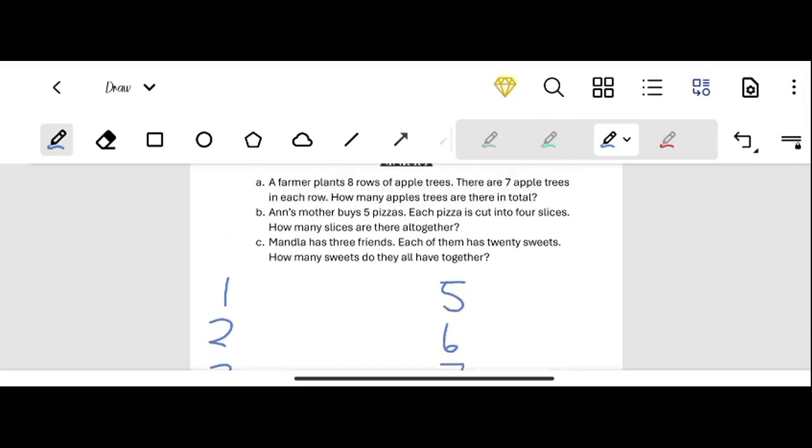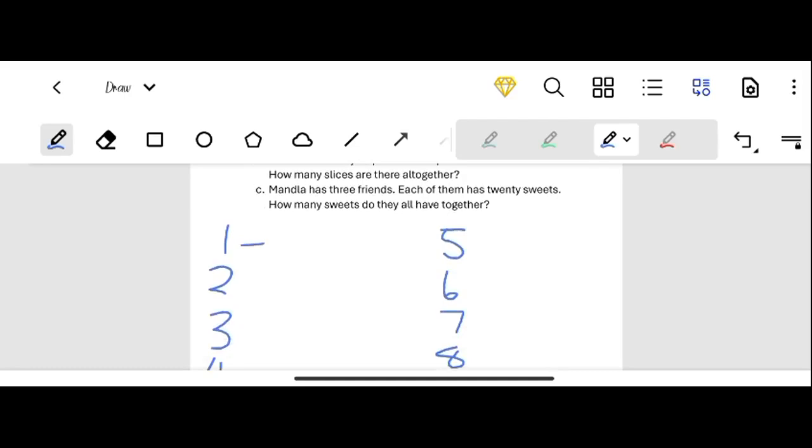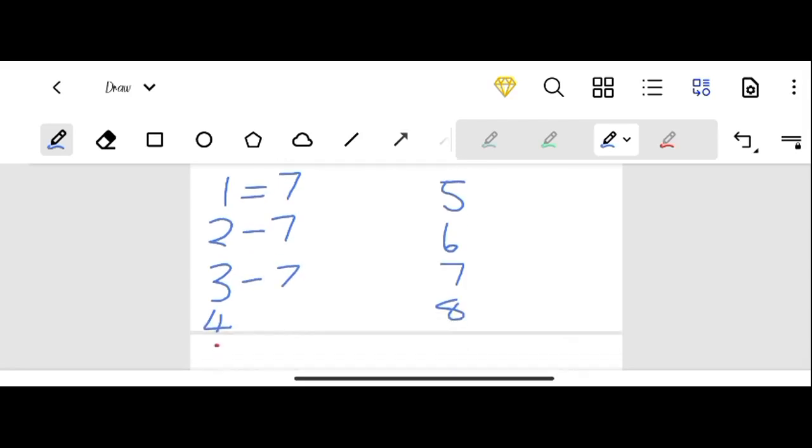We have those 8 rows, but in each row there are 7 apple trees.